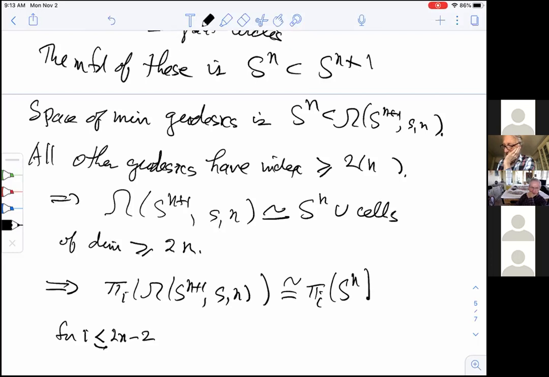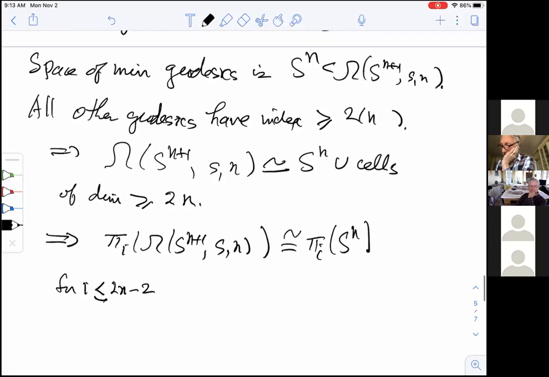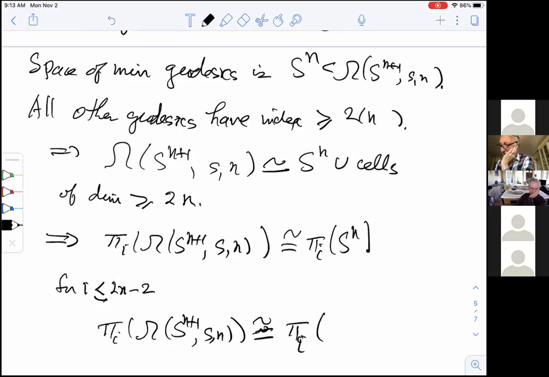Well, less than or equal to n minus 2. But this, of course, is pi i of this path space, and the path space is homotopy equivalent to the actual loop space. So this is the same as pi i of the loop space of the sphere Sn plus 1, based at, let's say, the North Pole.